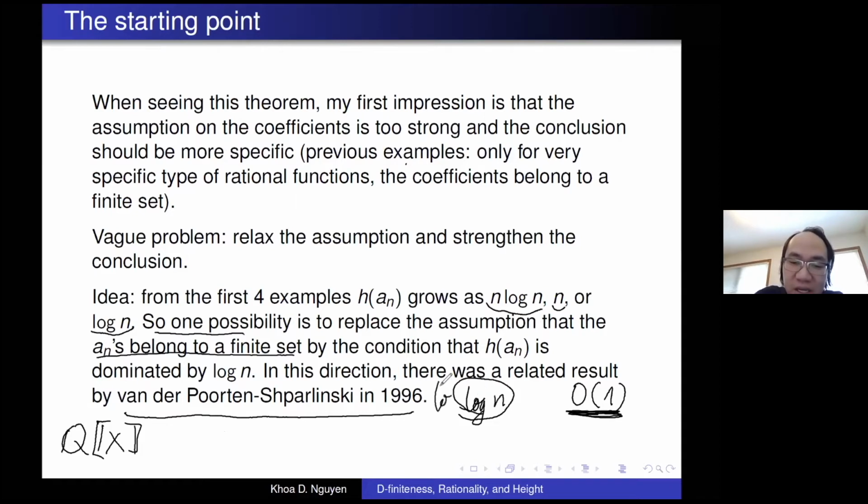If the height is smaller than log n, then it has to be in here. That's what they prove. And what we are about to prove is, first of all, for multivariable functions, because this one considers one-variable functions. We consider multivariable, and we improve this to log n. Okay. Let me erase all these.